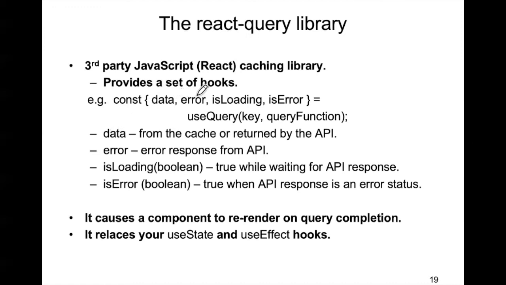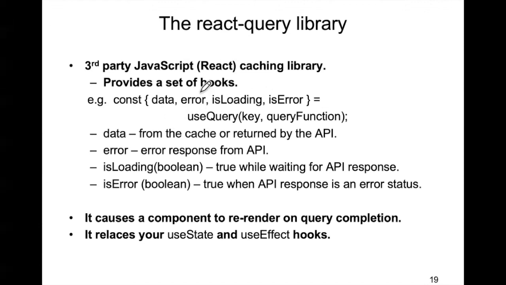The error is also an object, and that would be relevant if the HTTP request made by React Query failed. In other words, the web API returned an error response. So this hook is just simply making that error response available to our React code, and it's up to us to decide what we want to do with it.